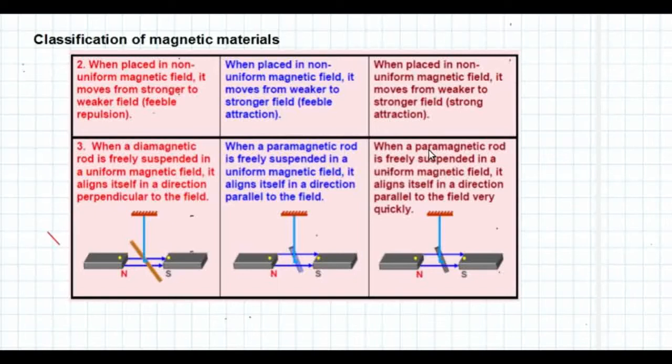And lastly, when a ferromagnetic rod is freely suspended in a uniform magnetic field, it aligns itself in a direction parallel to the field very quickly.